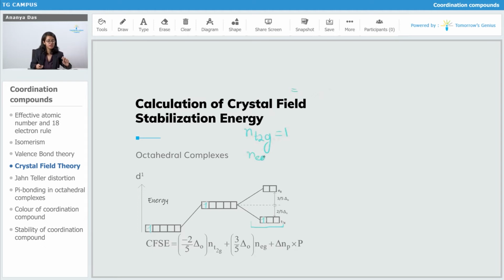Delta NP depends upon the difference in the number of paired electrons between the split and unsplit configurations.